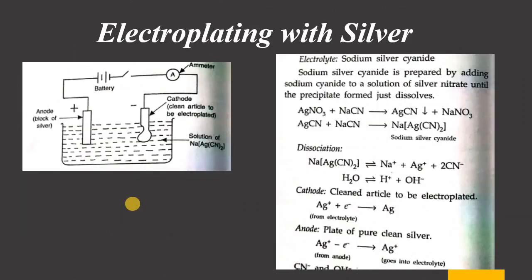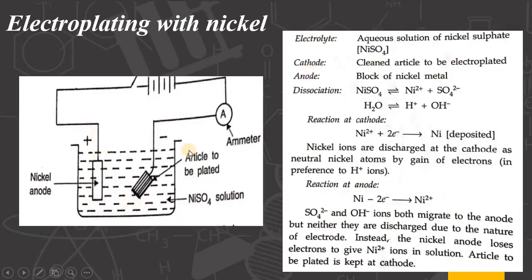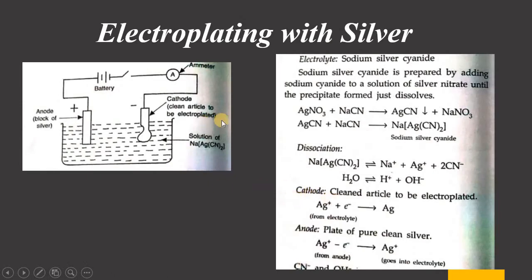Next, electroplating with silver. To get the perfect deposition of silver on any article like a brass spoon, iron spoon, etc., the article should be cleaned. Now in case of nickel deposition also, the article should always be cleaned.